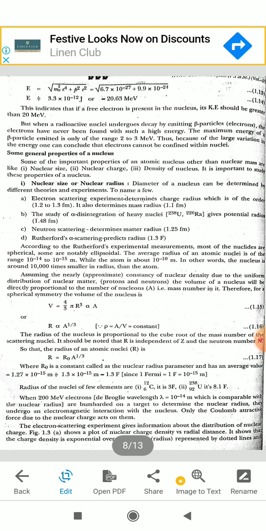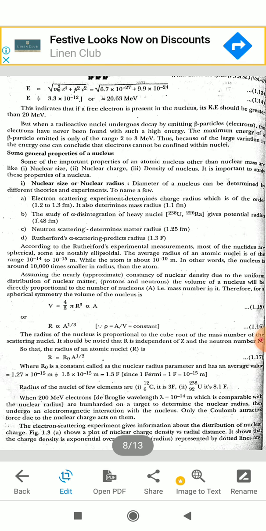A Fermi is 10 to the power minus 15 meter. The study of alpha disintegration of heavy nuclei gives the potential radius, that is 1.48, and neutron scattering determines the matter radius, that is 1.2 femtometer.